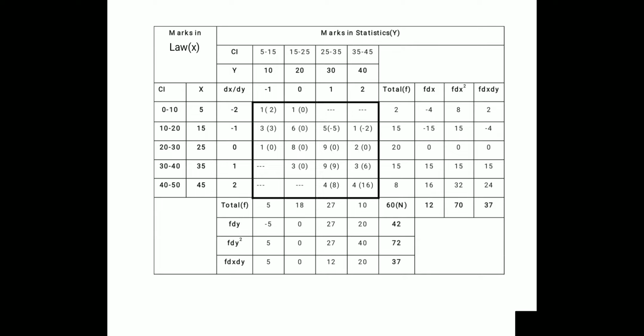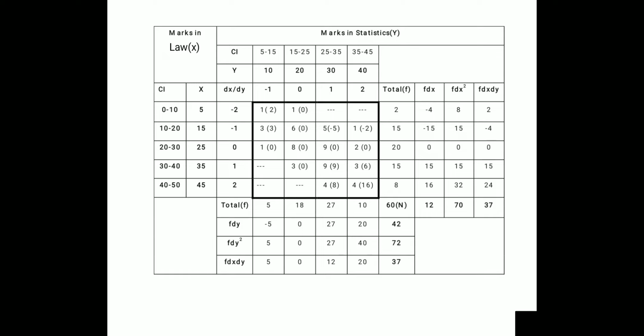That is f into dx of the corresponding row, 1 into minus 2, that is minus 2, and into dy of the corresponding column of the cell, that is minus 1. So 1 into minus 2 into minus 1 is 2 here. In the same way we should calculate this value for each cell of this table.